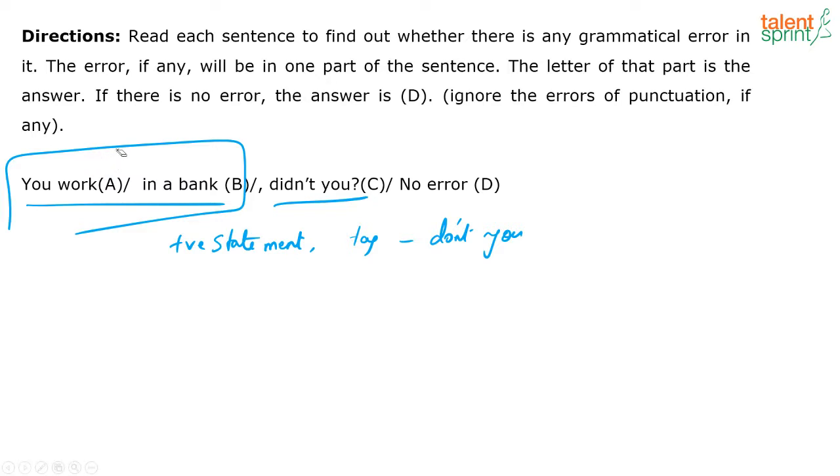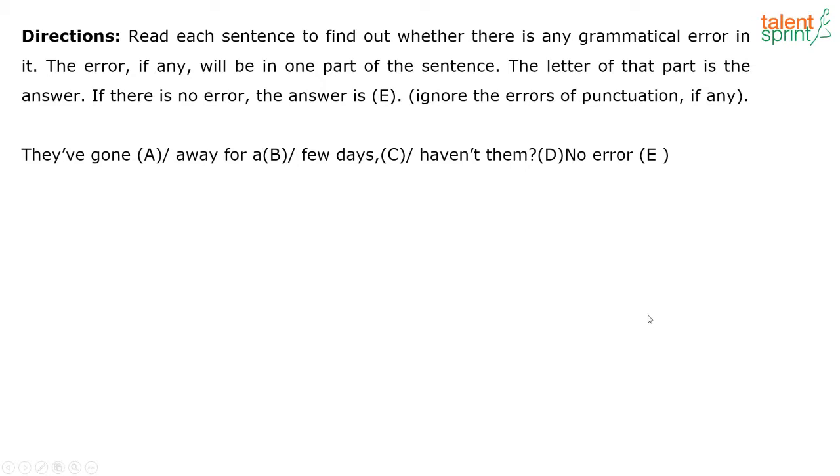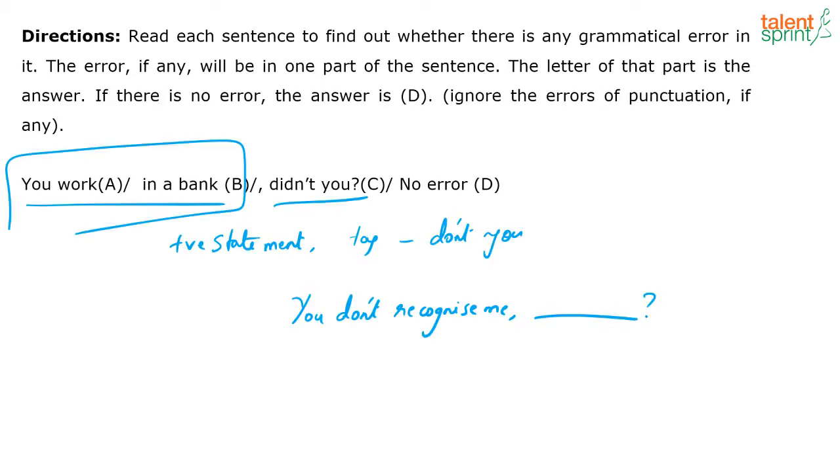So basically, this is the cornerstone rule: if the main part of the sentence is positive, the question tag is negative. If the main part of the sentence is negative, the question tag is positive. Let's look at one of those constructions as well. You don't recognize me.